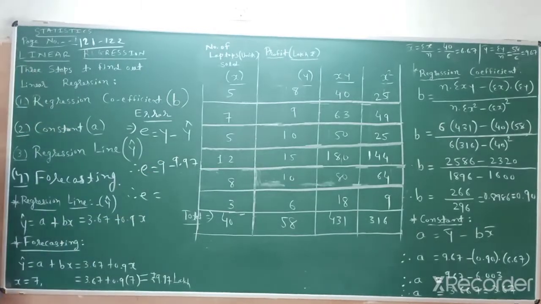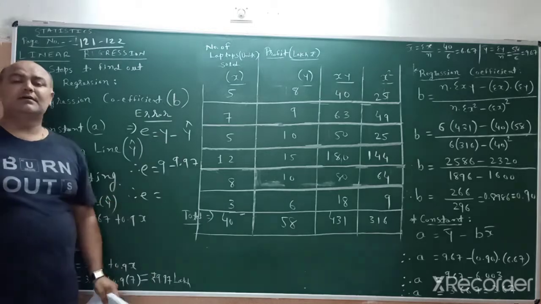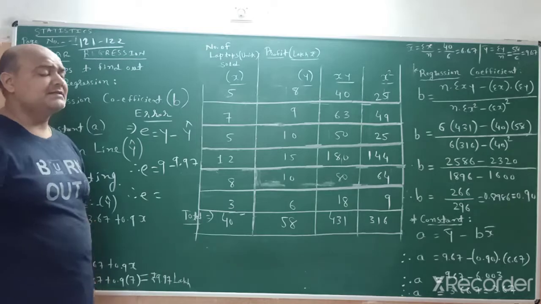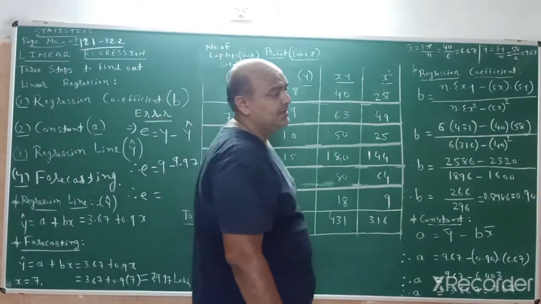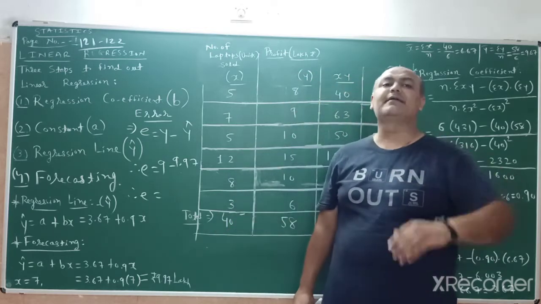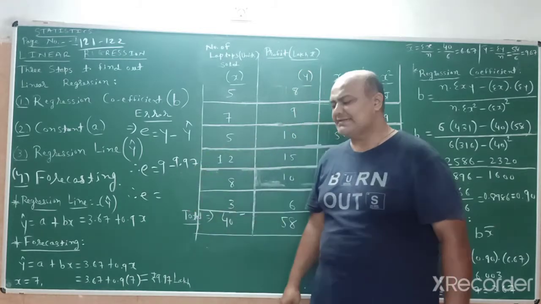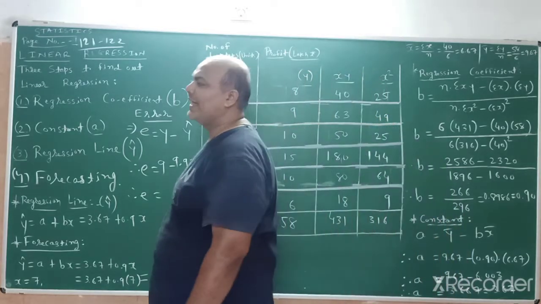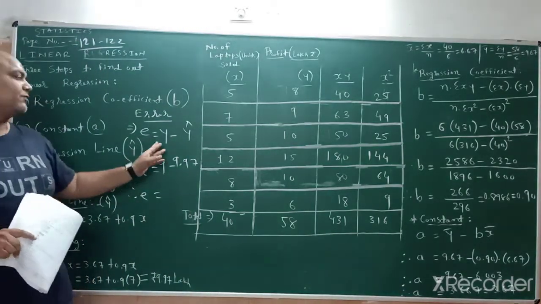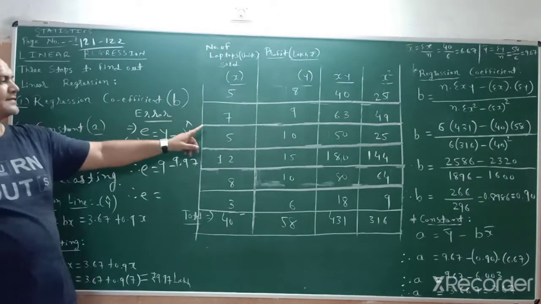9 minus 9.97. I repeat this. The error point is not in the previous sums, previous questions, though it can be asked in all sums. But here specifically in this particular sum, they ask to find the error. Error means y minus y cap. Whenever we take samples, there is a chance of some error. So when they ask to find the error, then we put this formula y minus y cap. Y means whatever the value of y is for x.